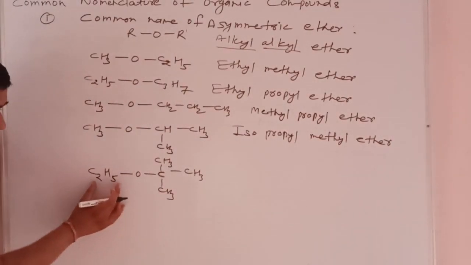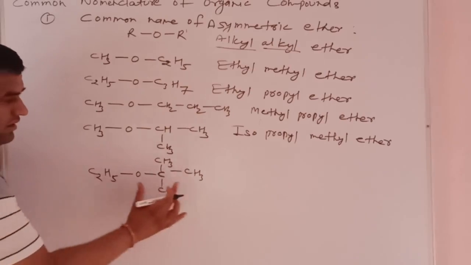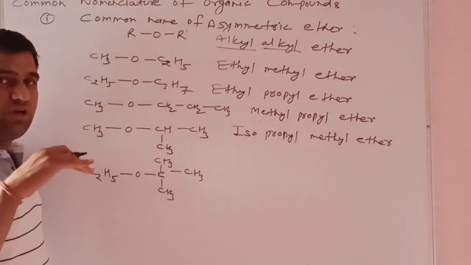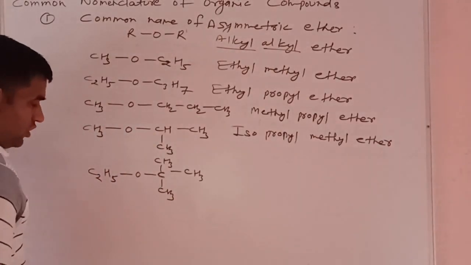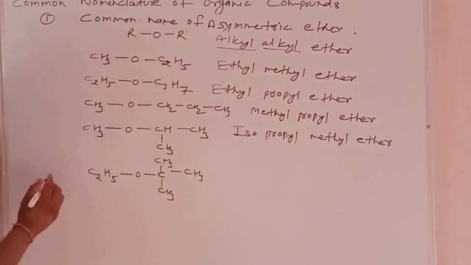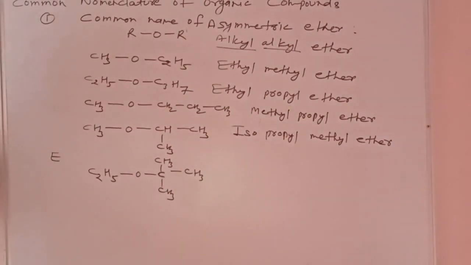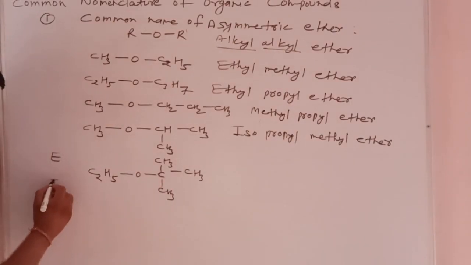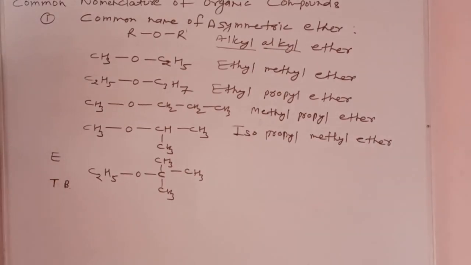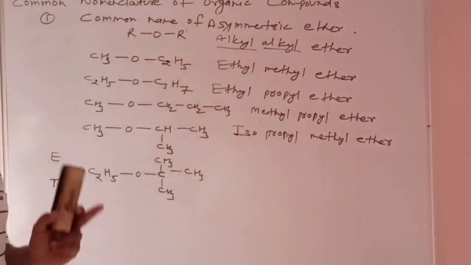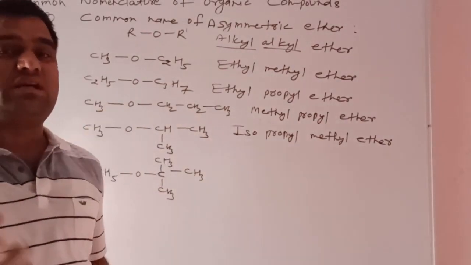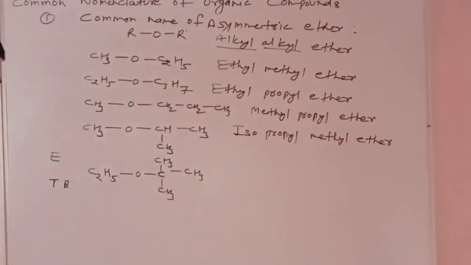So in this ether, the first group is ethyl and the second group is tertiary butyl. According to alphabet, ethyl starts with E, and tertiary butyl, for tertiary T, for butyl B. We know that iso, tertiary and neo, all conditions are included in the alphabet rule.